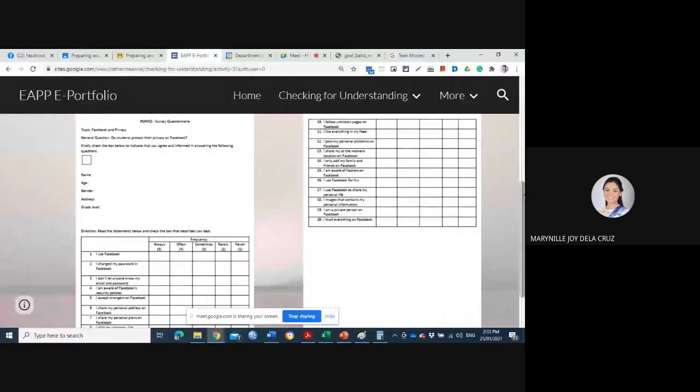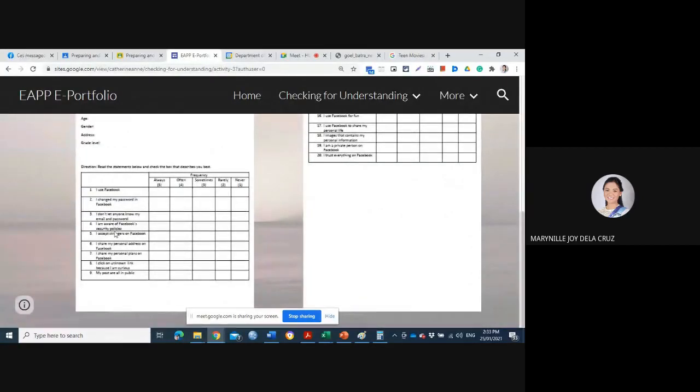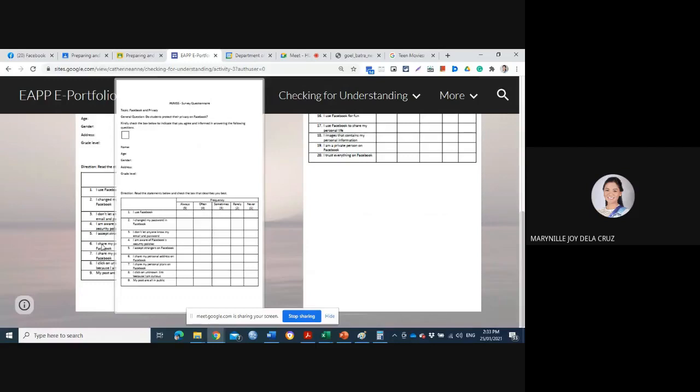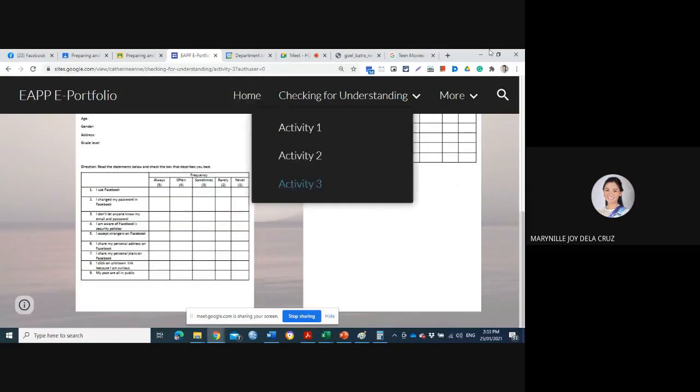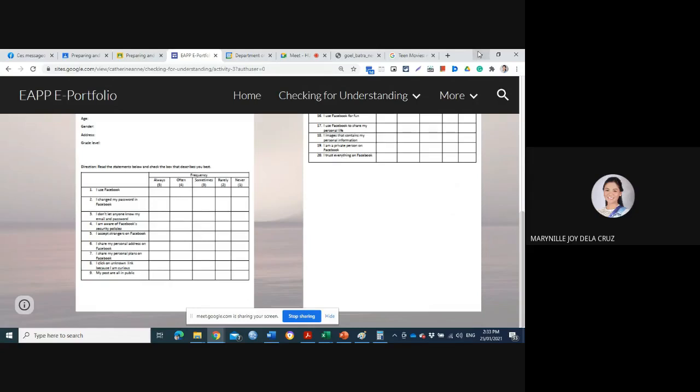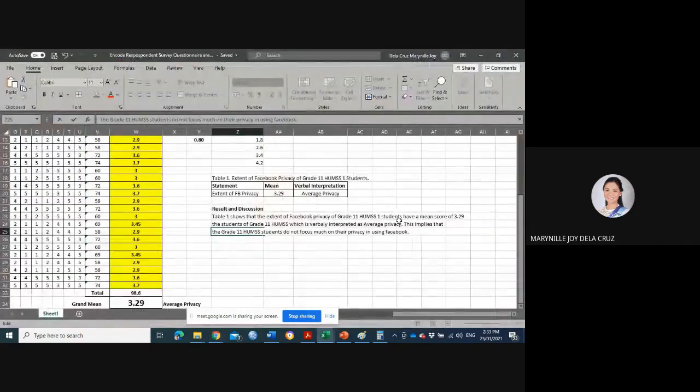Like for example, security policies, personal address, na pwede nyo isulat. Pwede mo sulat some students still share their personal information or share posts.